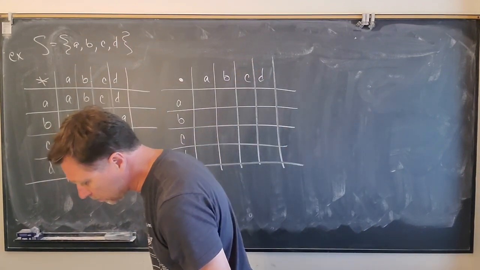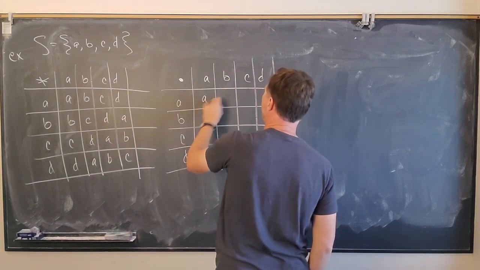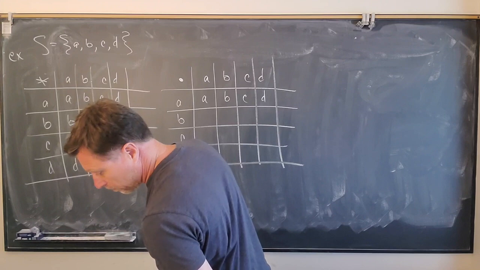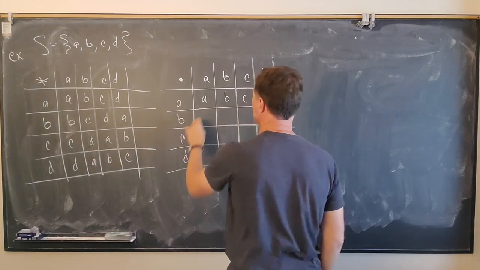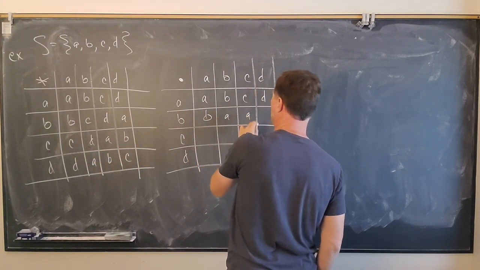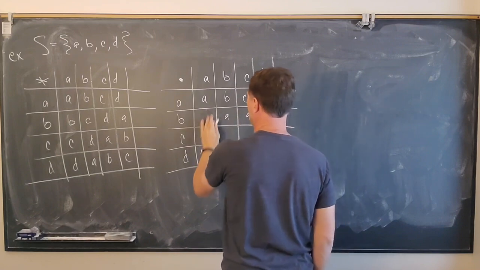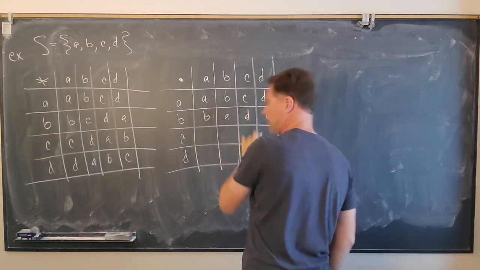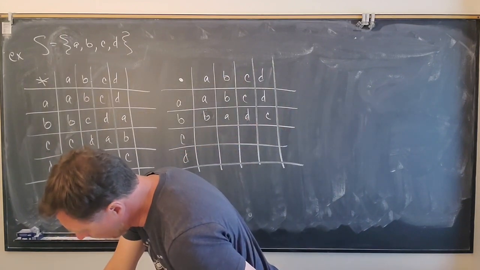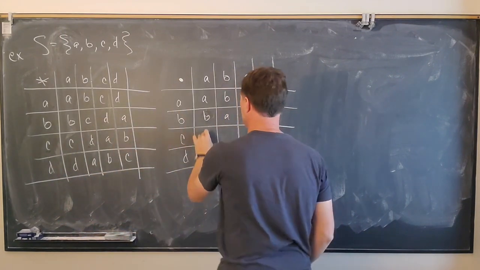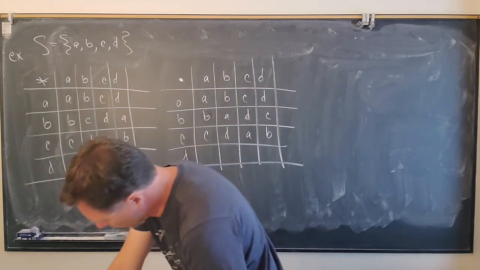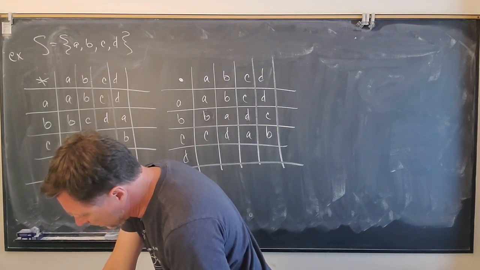A, B, C, D. Then B, A, D, C. Then C, D, A, B. And D, C, B, A.